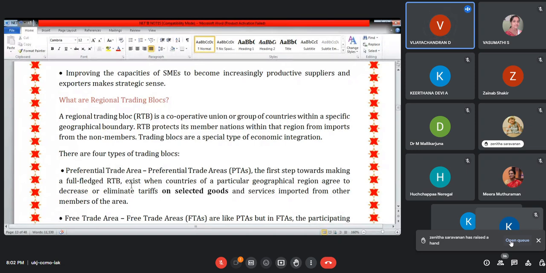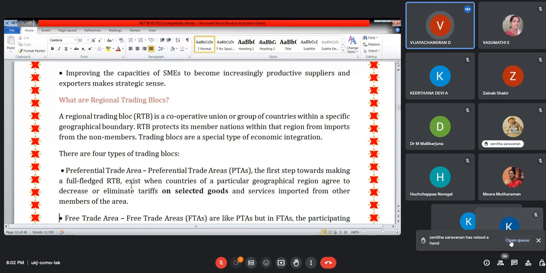Very important. Again, I'm telling what trading blocks are: a group of countries located in a particular region. They will do international trade without any restriction, even with zero tariff, no quota, no product quota. So no restriction will be there.